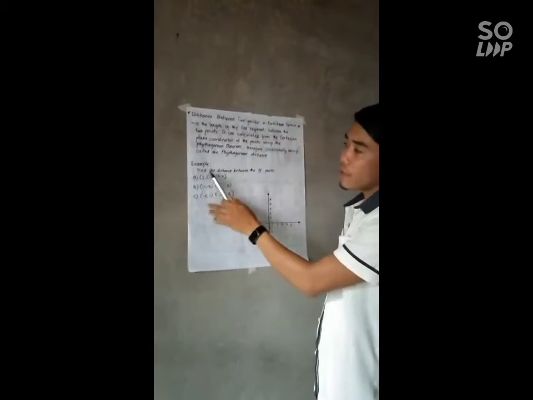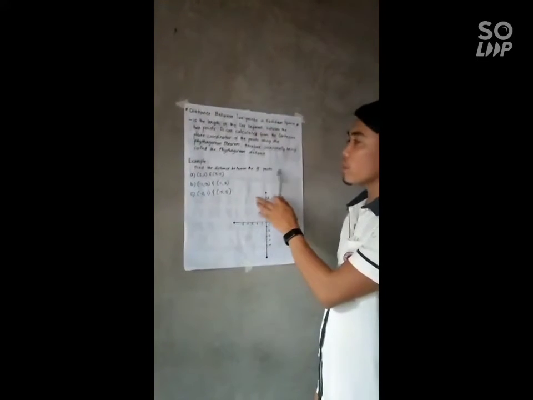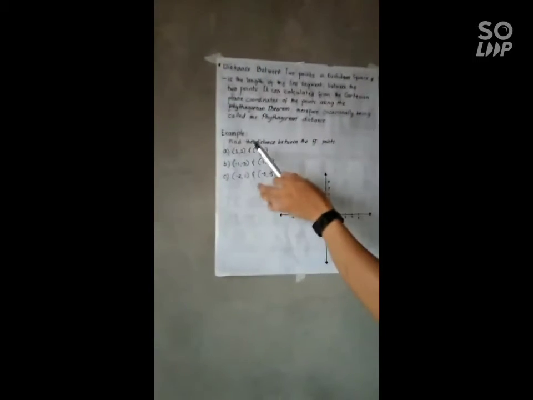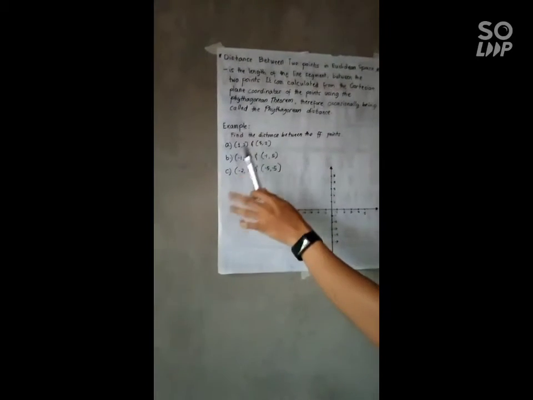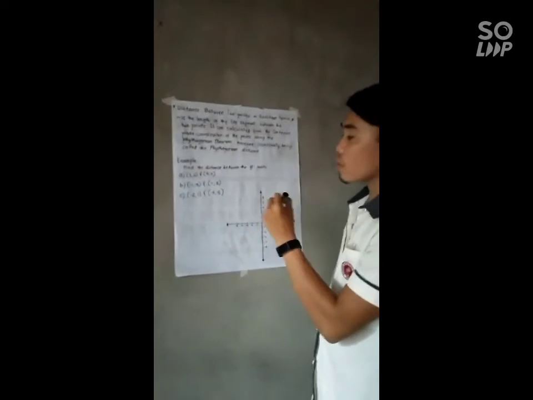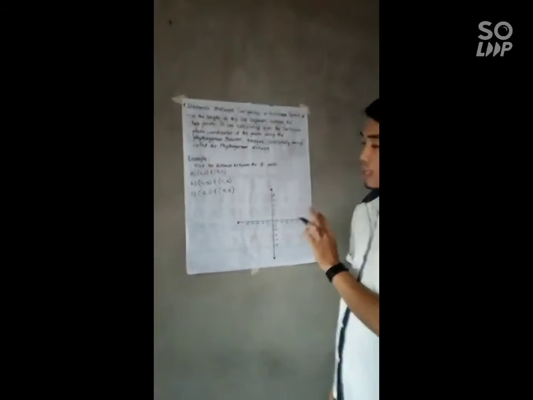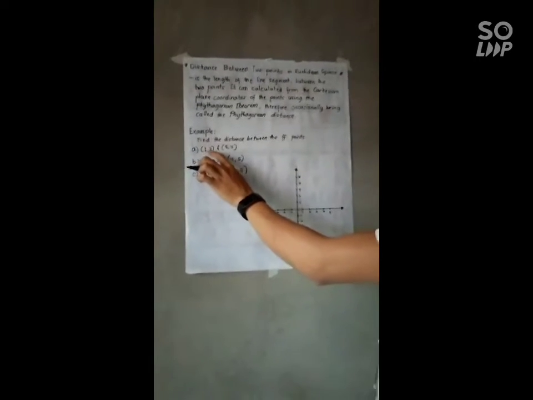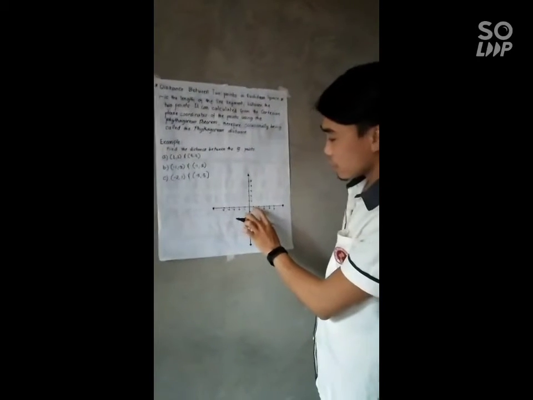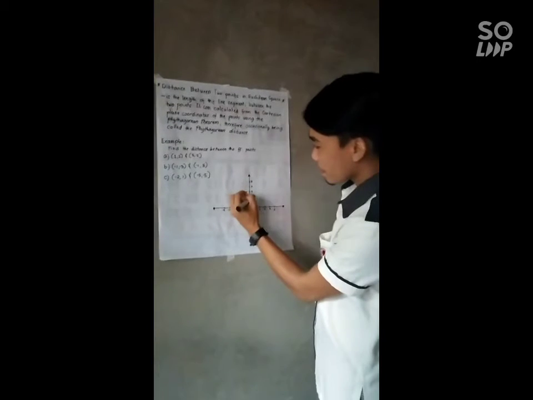Example: find the distance between the following points. We plot these points on the Cartesian plane. First, 1, 2.